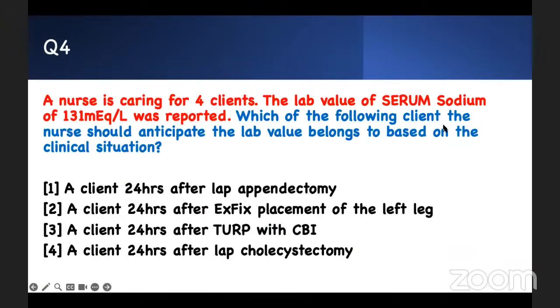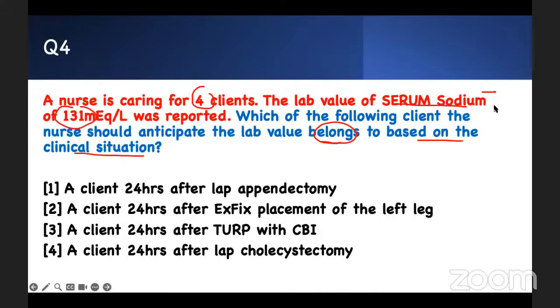Which of the following clients should the nurse anticipate the lab value belongs to based on the clinical situation? I have an electrolyte and I make something out of it. The nurse is caring for 4 clients. The lab value is serum sodium of what? 131.